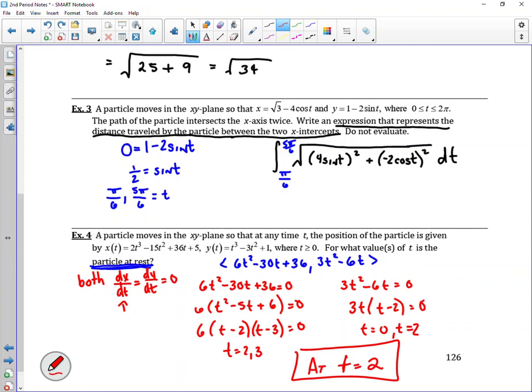One more problem together, and then the last problem is on your own, and then we're done. Okay, this one should have been, did you get it equals 2? Yeah. Okay, so at 3 it has only vertical movement, and at 0 it only has horizontal movement at those two locations.